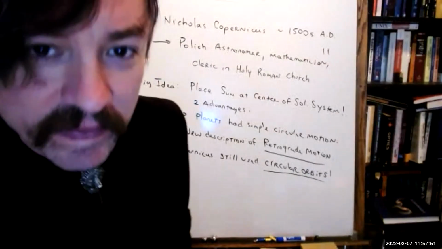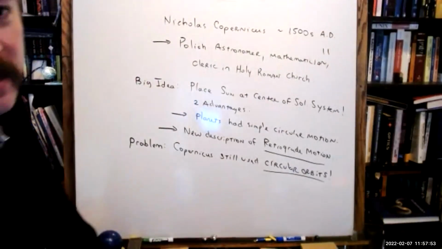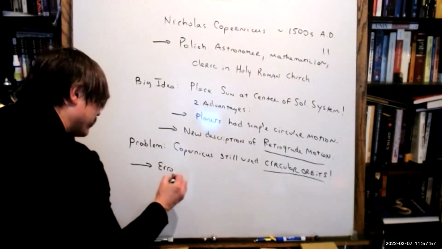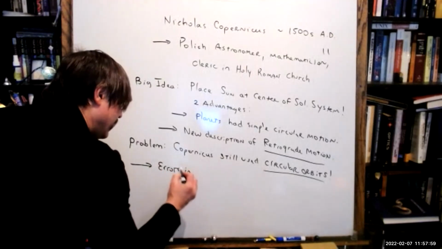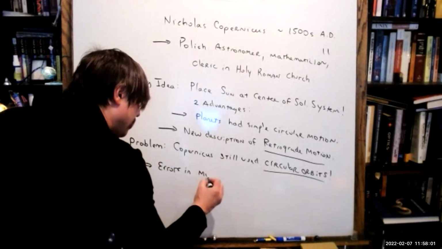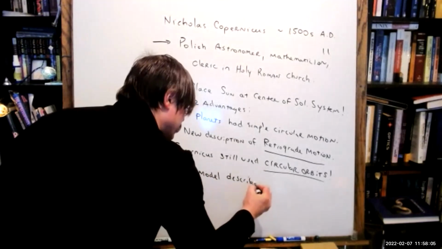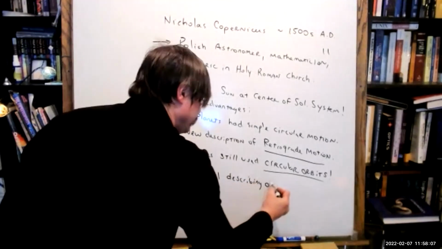And circular orbits are not the correct description of planetary motion. Because of this, it led to errors in the model describing observations.